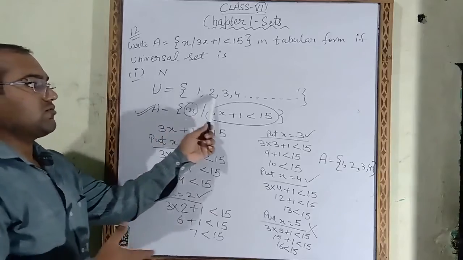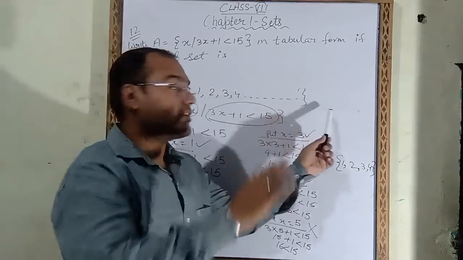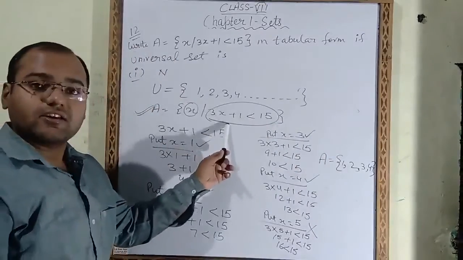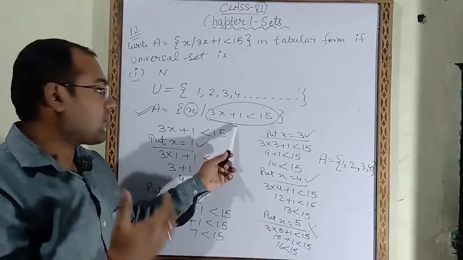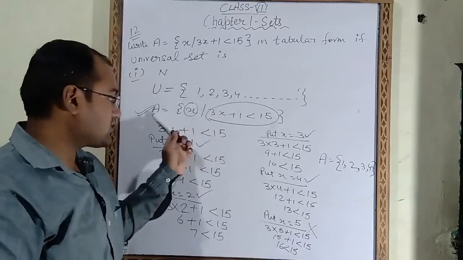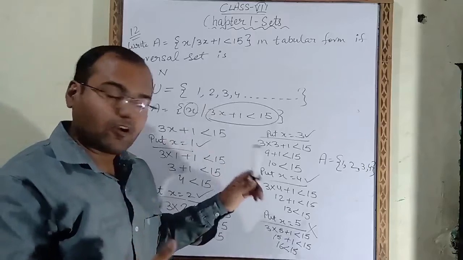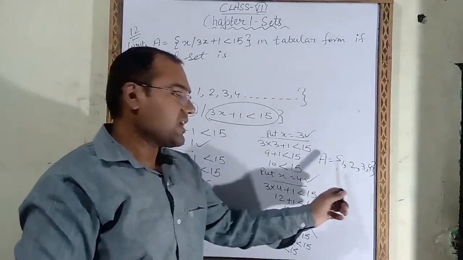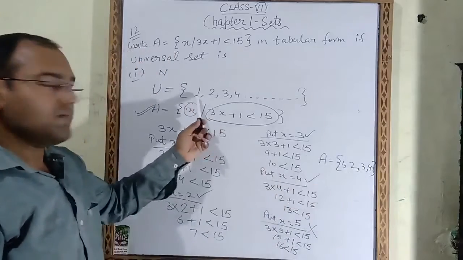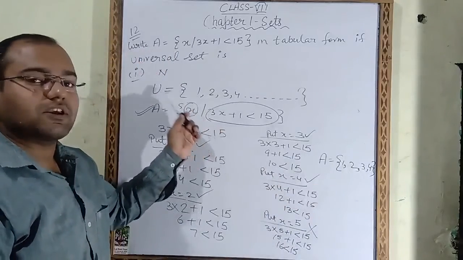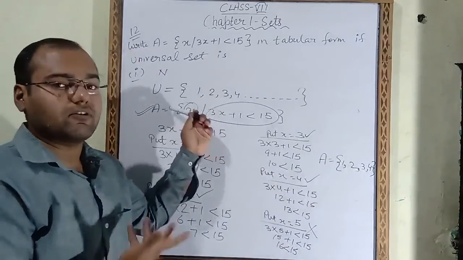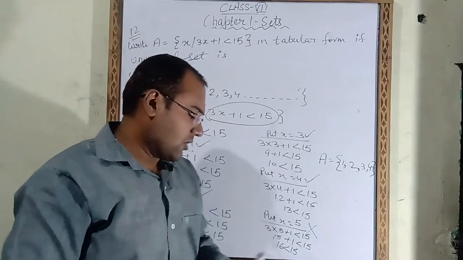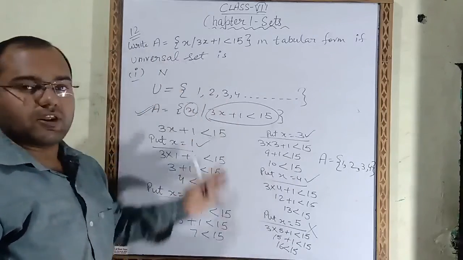Universal set is 1, 2, 3, 4, 5 and so on. So the answer of set A should be taken from the universal set. Now you can check it. Answer of A is 1, 2, 3, 4 and these are all coming from the universal set only. 1 is coming in universal, 2, 3, 4 everyone is coming in universal. So like this you have to do the remaining parts also.